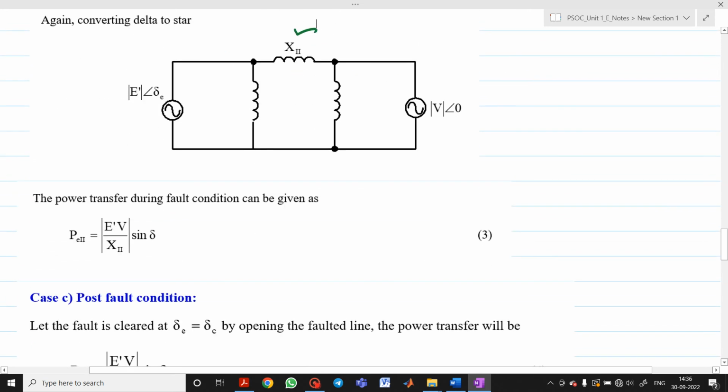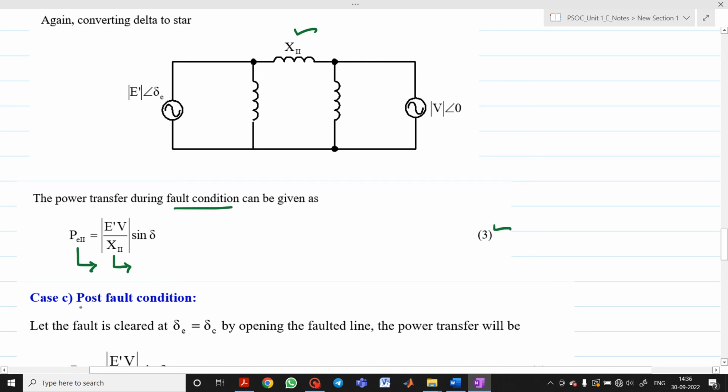So we can write a power transfer equation associated with the fault condition. Instead of X1, which was there initially in the first case, here we have to write X2. So PE2 means the electrical output power during fault, X2 is the reactance during fault, and this will be equation number 3.